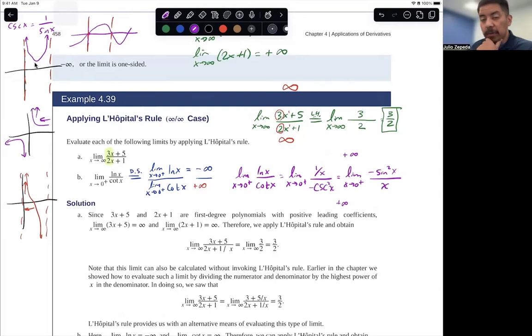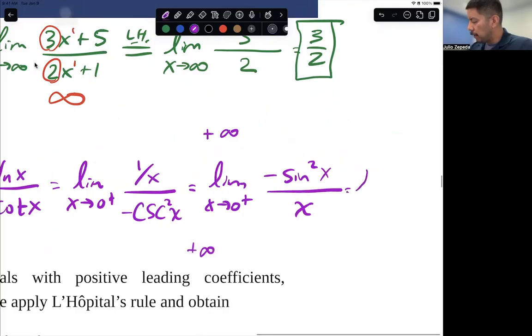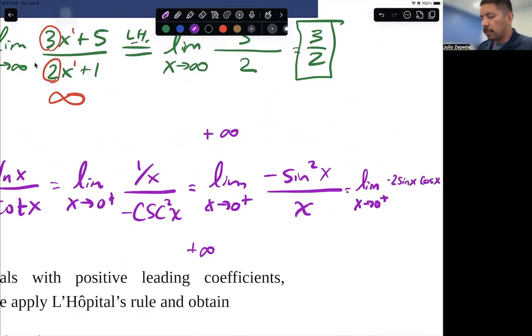Let's go ahead and apply L'Hopital's rule again. Take the derivative of both the top and the bottom, and we get the limit as x approaches 0 from the right of negative 2 sine x times the derivative of the inner function sine, which is cosine, divided by 1.